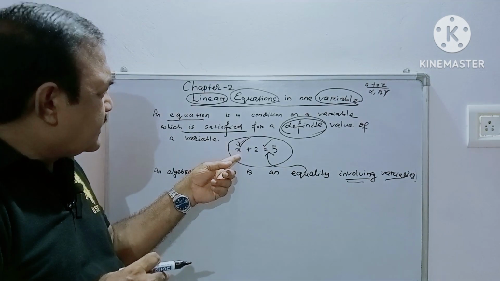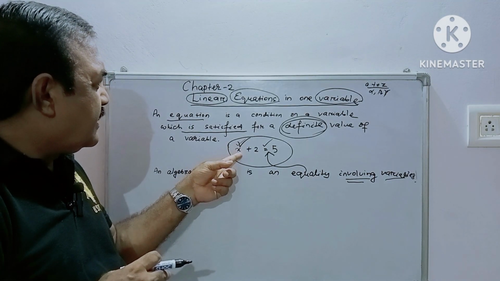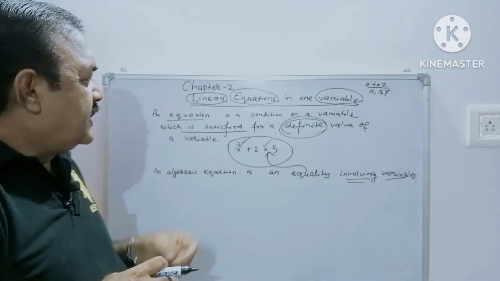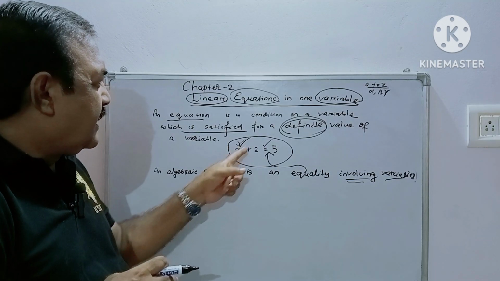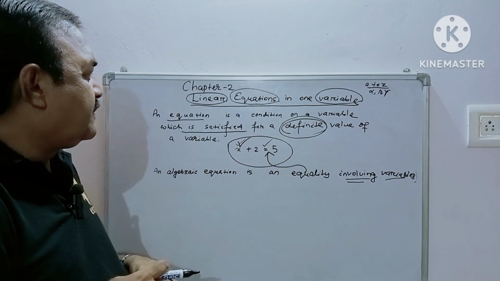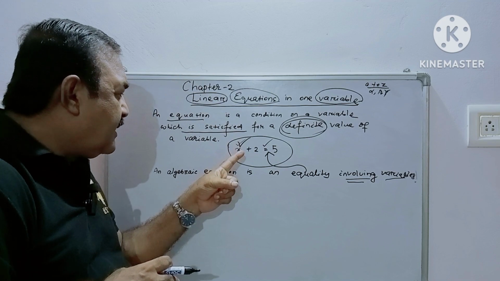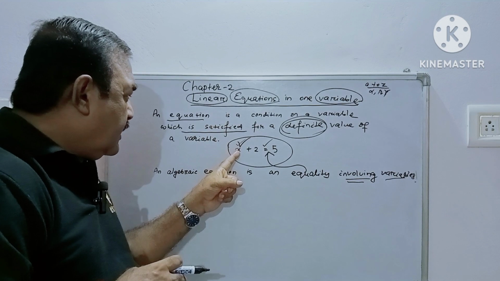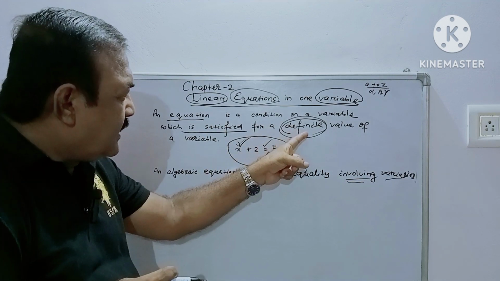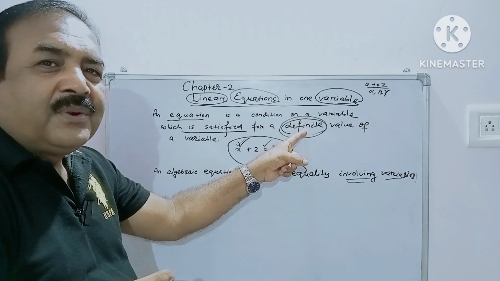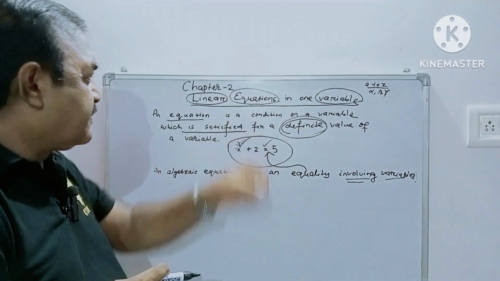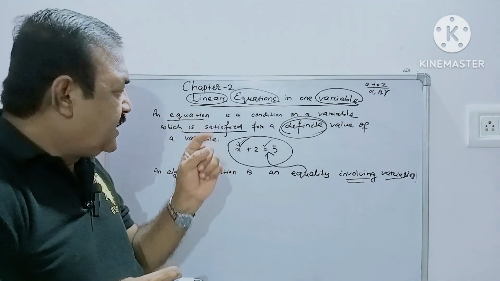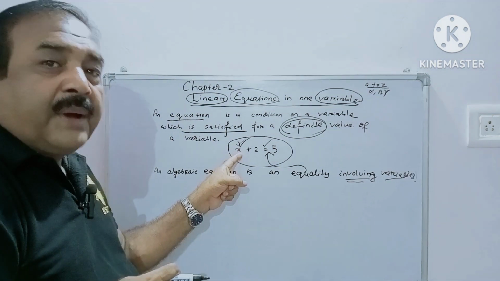And in this case, the equation has the solution x is equal to 3. So the variable has got the definite value. So on a condition, the variable receives the definite value. Which one gives? The equation gives. So the algebraic equation gives a definite value to the variable.